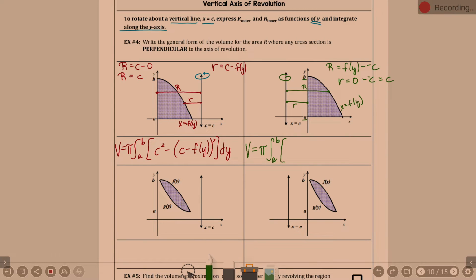Big R squared minus little r squared. So f of y minus negative c, or f of y plus c, quantity squared, minus c squared times dy. Keep it all in terms of y.